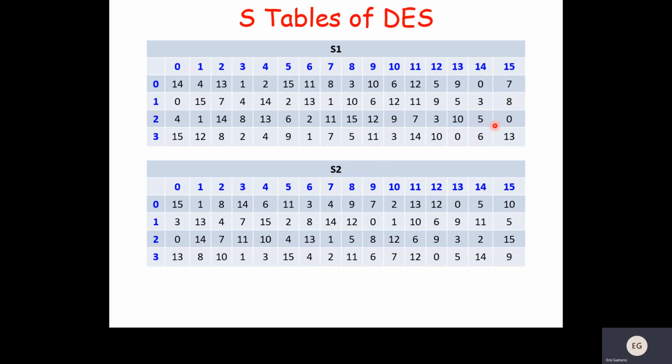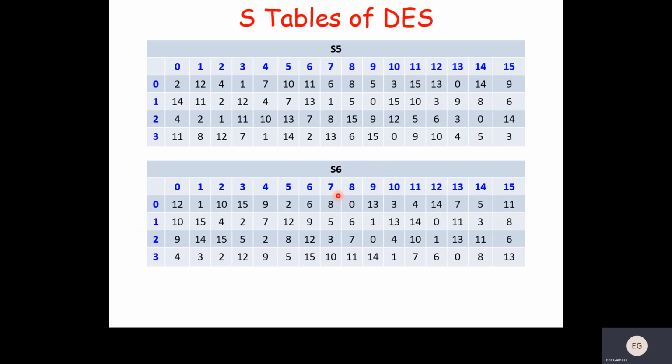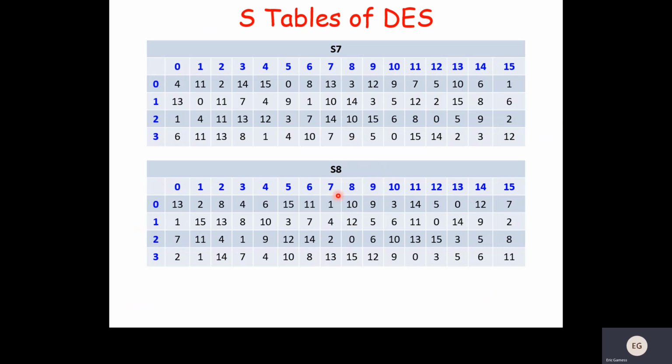If a number is between 0 and 15 and I represent it in binary, I need 4 bits. It's why I was telling you we will go from 6 bits to 4 bits, because we need 6 bits to select one element in an S box. So we have S1 for the first block, S2 for the second block, S3, S4, S5, S6, S7, and S8.